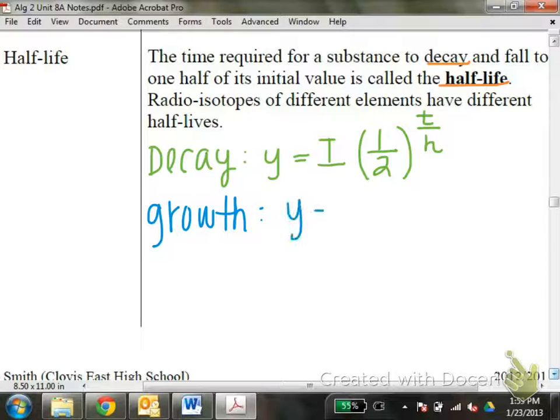Growth also looks very similar. You take your initial amount, but we aren't multiplying it by 1/2. We're going to multiply it by 2. So it actually flips. To the power of t, so to the amount of time that it's given.